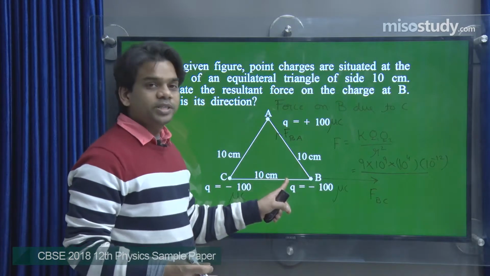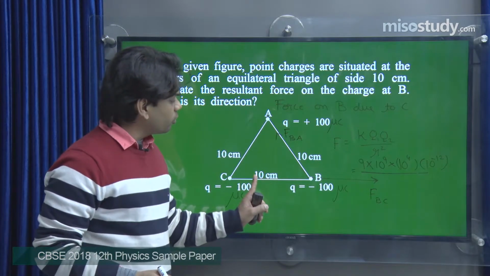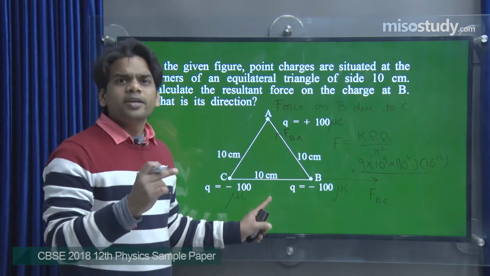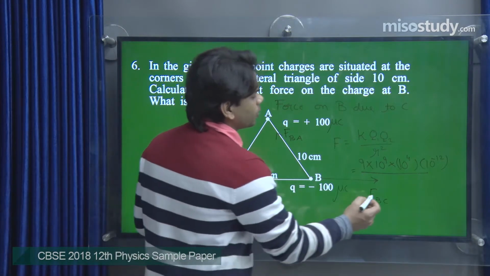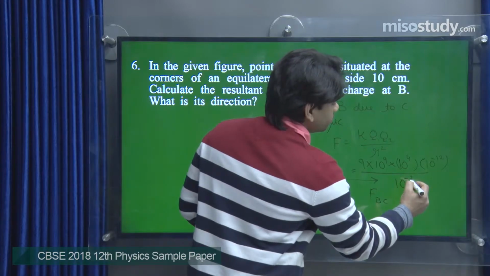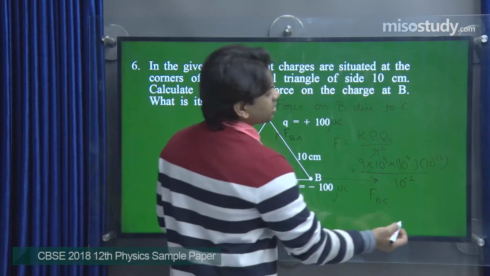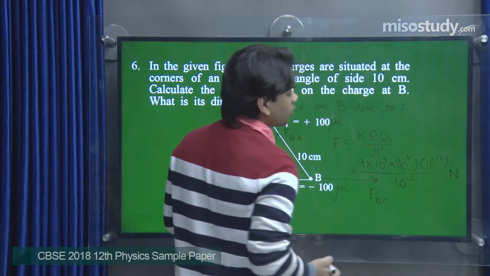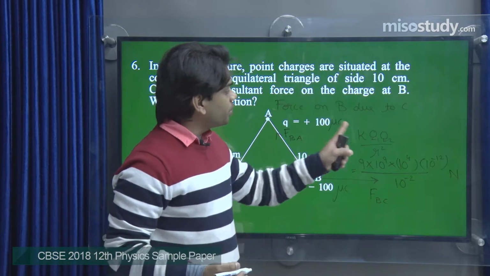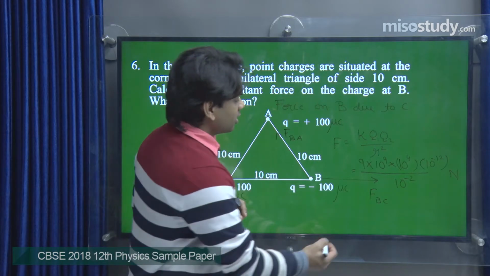Now this is 10 centimeter. If we take it in meters, it will be 0.1 or 10 to power minus 1. 10 to power minus 1 whole square will give us 10 to power minus 2. And with proper units, let's put the units as Newton. So we got this. Now this was force on B due to C, which I have written here.